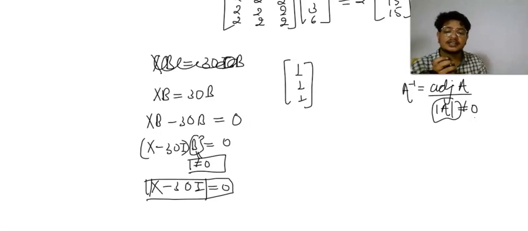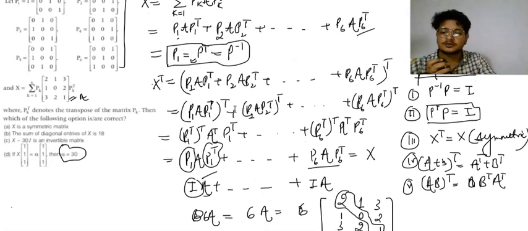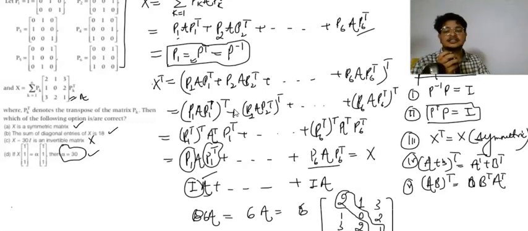And here we are getting X minus 30I is equal to 0, so it is not an invertible matrix. But in option C, it is given that X minus 30I is an invertible matrix. So this option is wrong. So option A is correct, option B is correct, option D is correct, and option C is not correct. Hope you get the answer. Thank you.